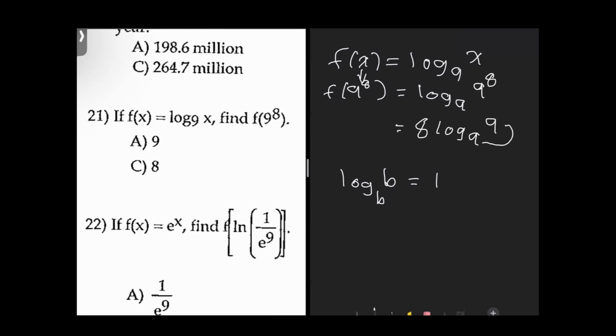Are these two the same? Yes. Therefore, we can replace this with the property that log base b of b is 1. So we'll have 8 times 1, because log base 9 of 9 is 1. Therefore, 8 times 1 is 8. And that is it to evaluate f of x.